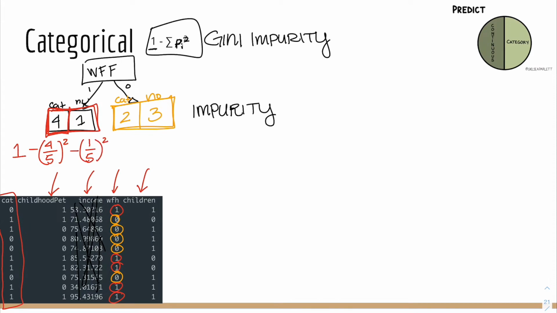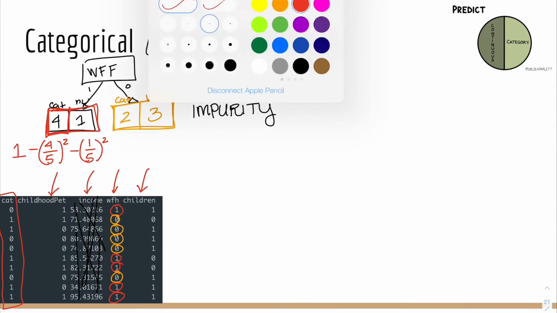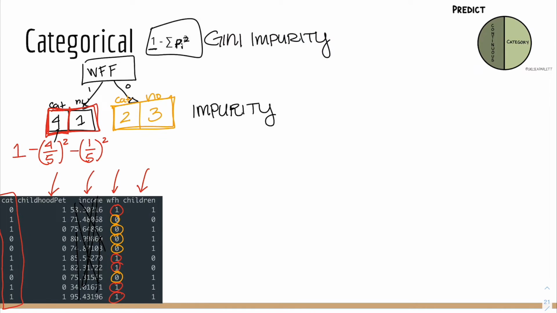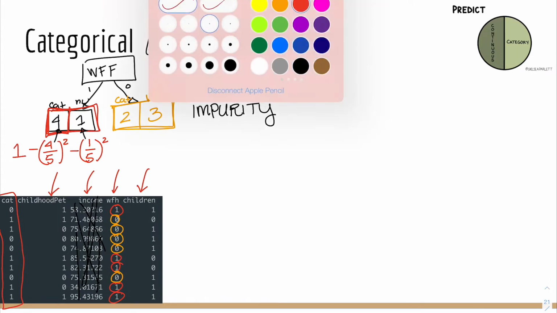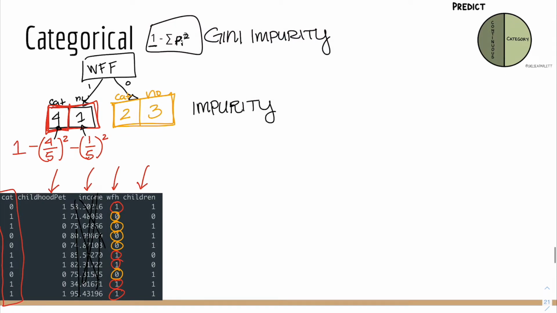And remember, the place that I'm getting these 4 out of 5 and 1 out of 5 is that 4 out of the 5 people in this node own a cat, and 1 out of 5 of these people in this node do not own a cat. So when we get that all together and we do the math, we get that the impurity for this node is 0.32. So I'm just going to circle that.